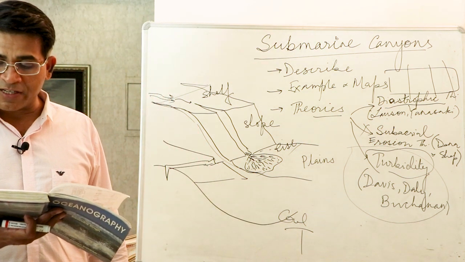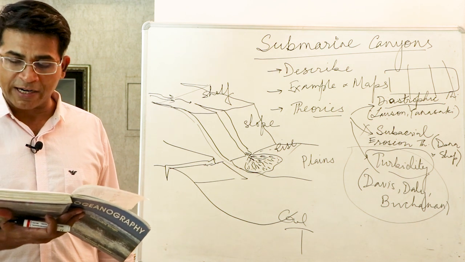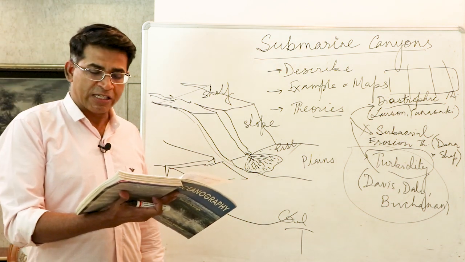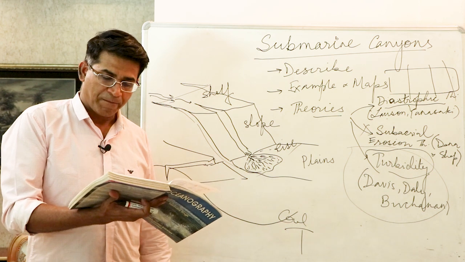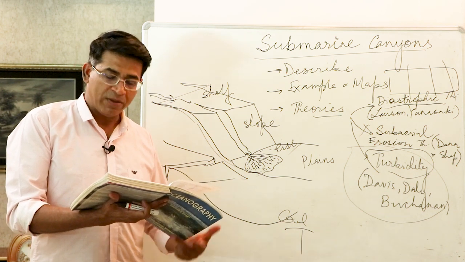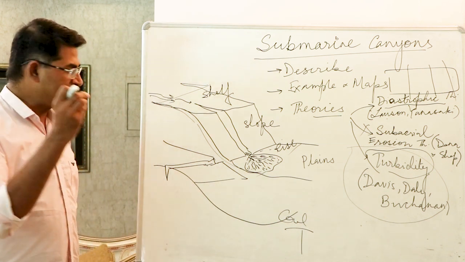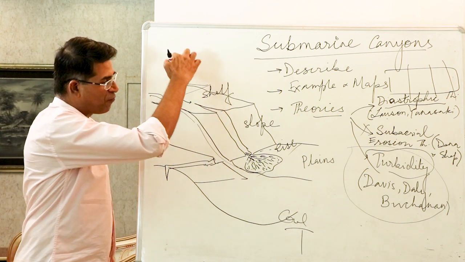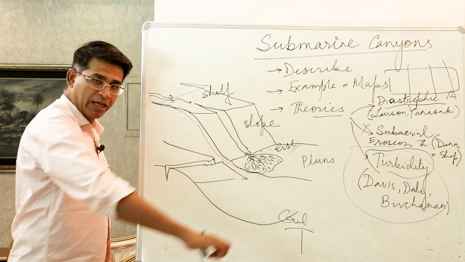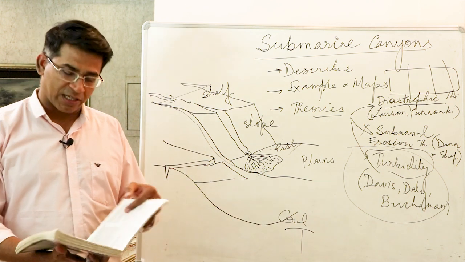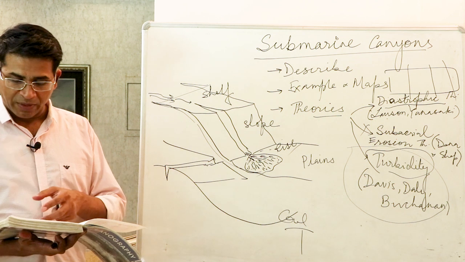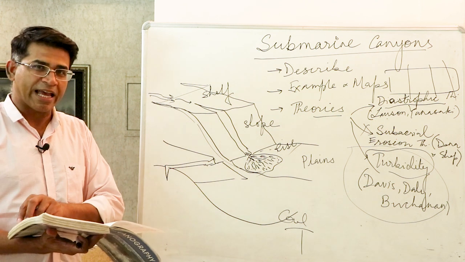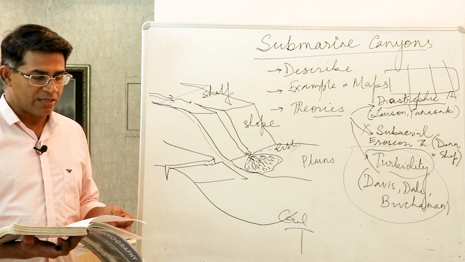The high density of these currents due to suspended sediments forces them to flow seawards, and they erode the shelves to form submarine canyons. So very fine sediments become dense, they push towards the margins, and as they flow, as they fall, they erode. They scour out the edges, forming the canyons. Okay, so this takes care of the concept more or less.